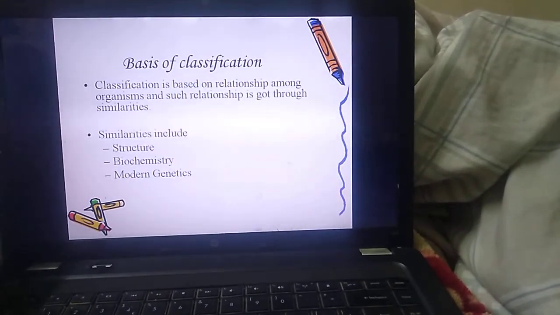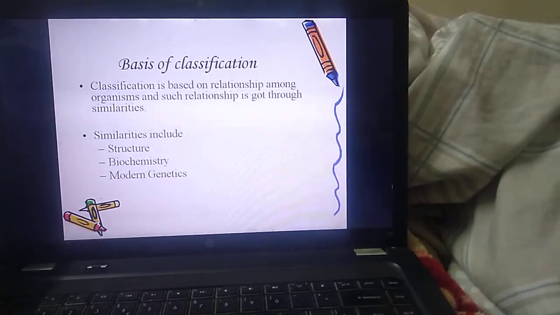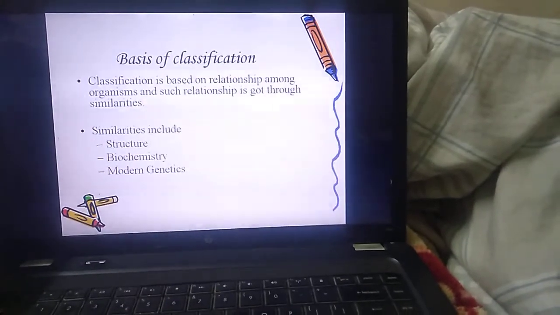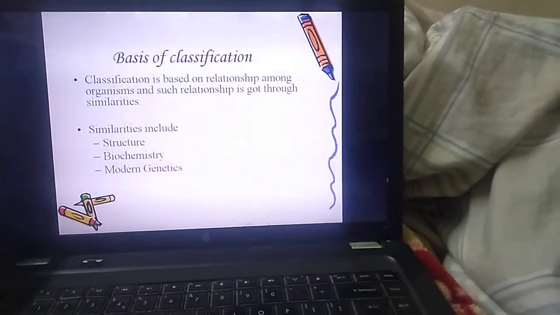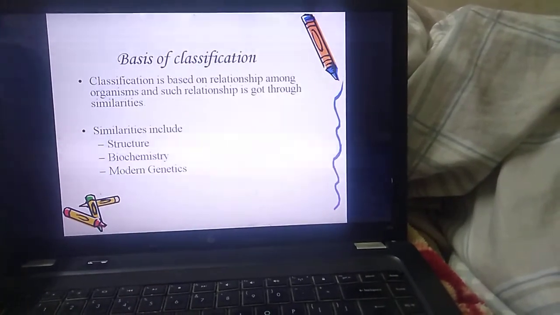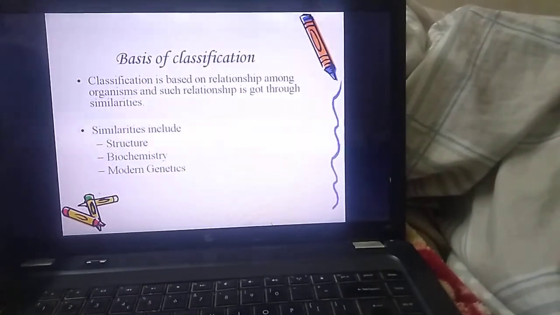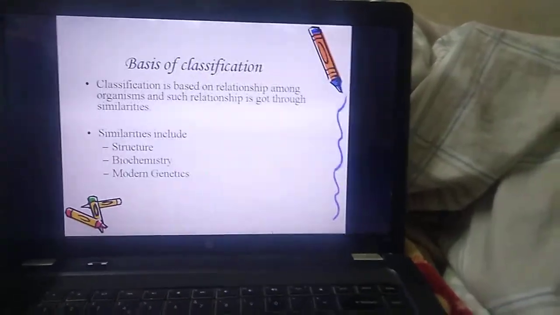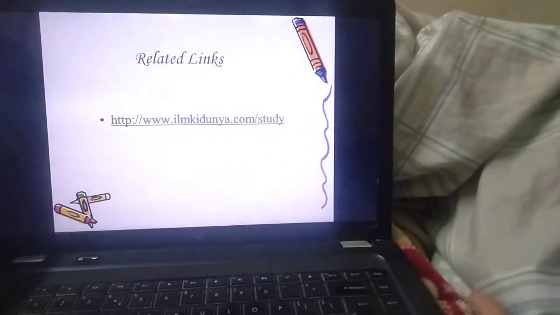These similarities suggest that all organisms are related to one another at some point in evolutionary history. However, some organisms are more closely related than others. For example, sparrows are more closely related to pigeons than to insects. It means sparrows and pigeons have some common evolutionary history. Related links are shown here.